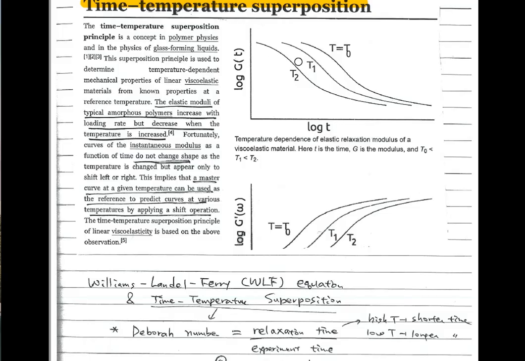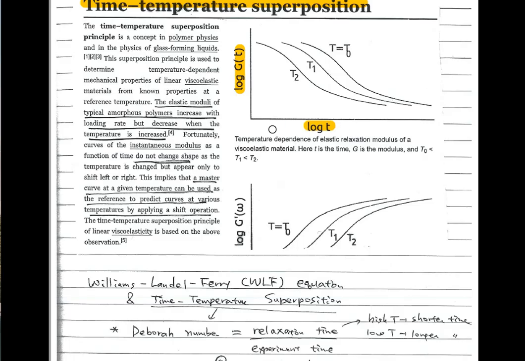So let's see the graph. The y-axis is log Young's modulus, or G modulus, and the x-axis is log t, time. We have learned that as the time scale increases, if you do the experiment in a slower way, then Tg basically decreases. So decreased Tg means the mechanical property, Young's modulus, also decreases, like this.